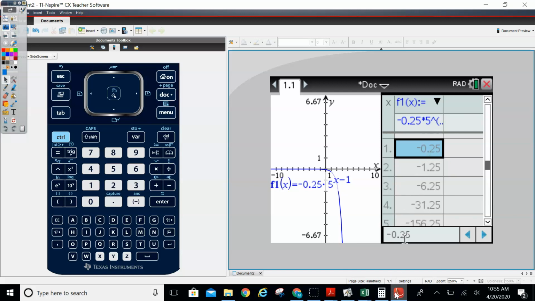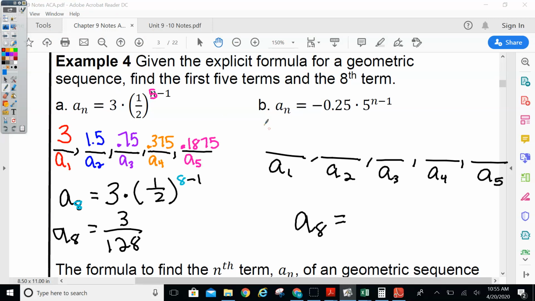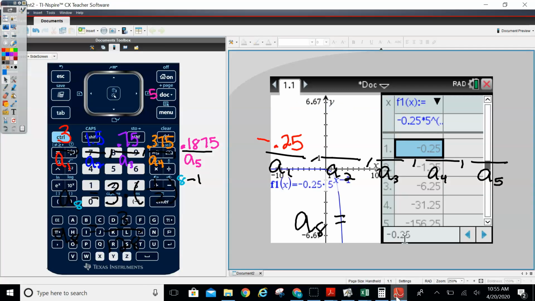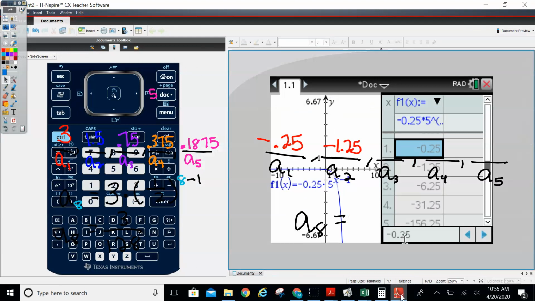So negative 0.5. Let me come back over here. So the first one was negative 0.25. And then the next one is negative 1.25. And then negative 6.25.